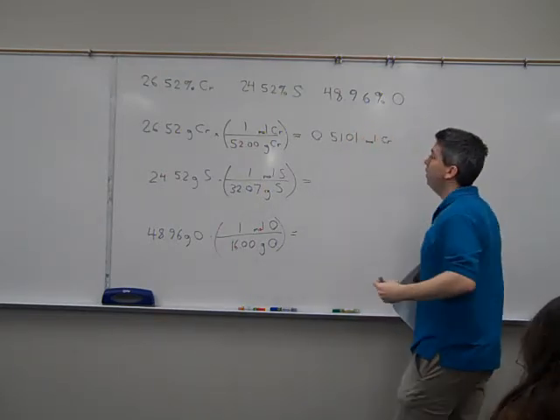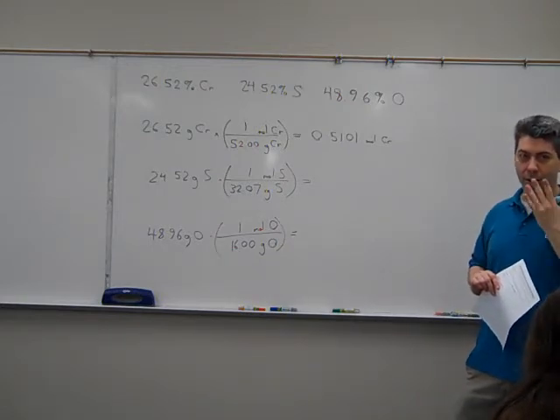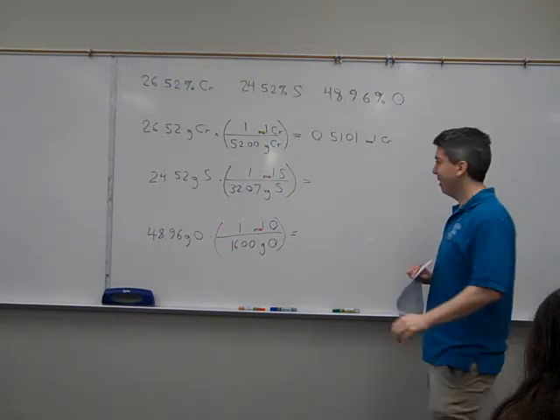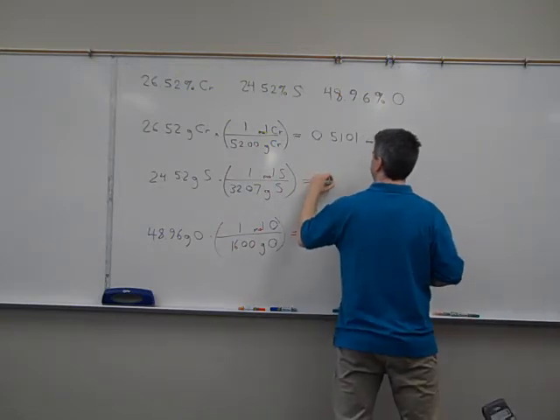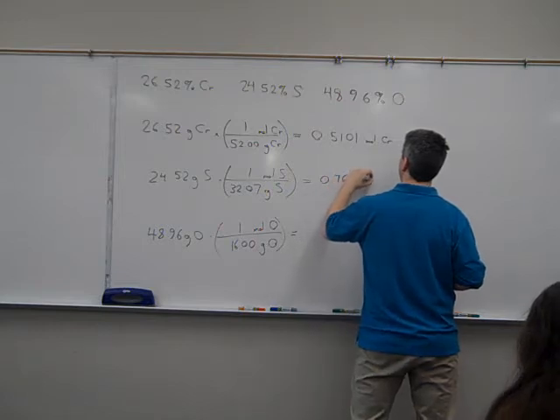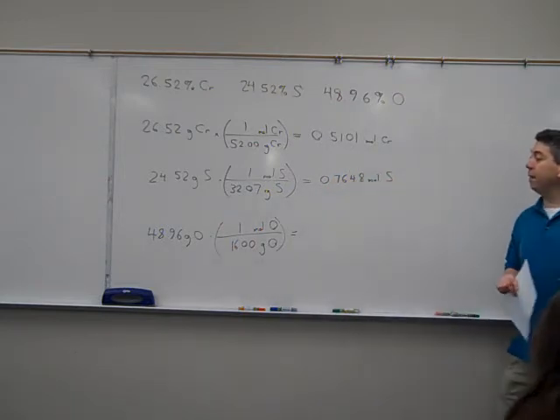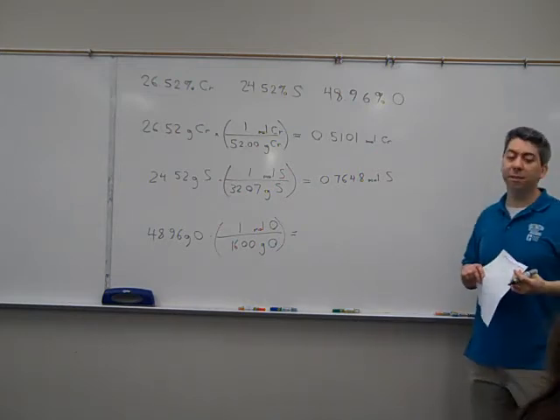How many moles of sulfur do we get? 0.7648. Thank you so much. And last but not least, oxygen.